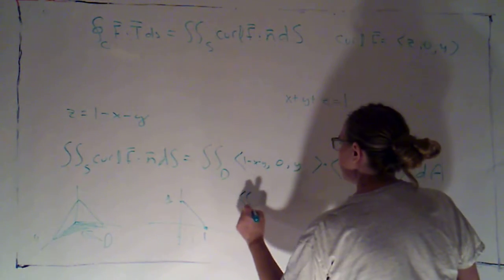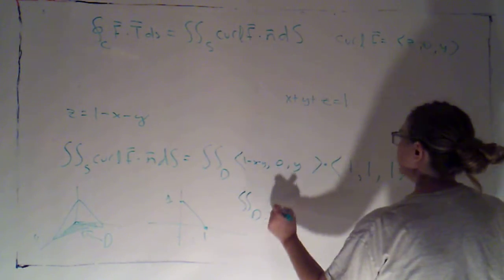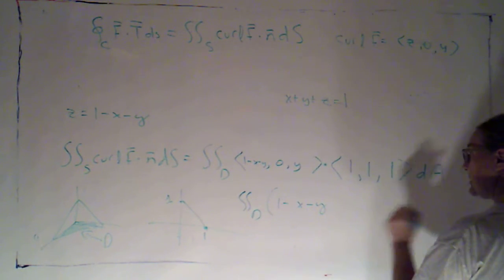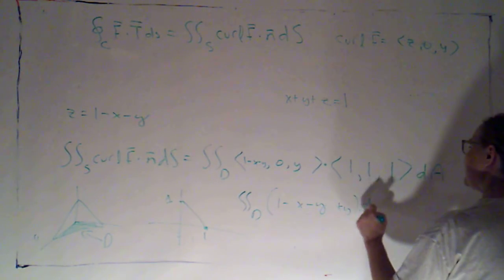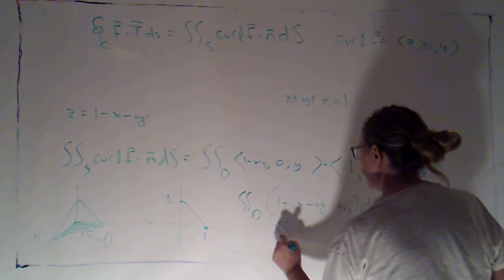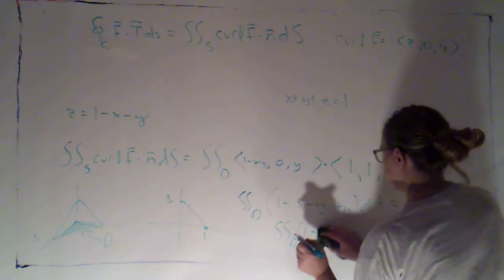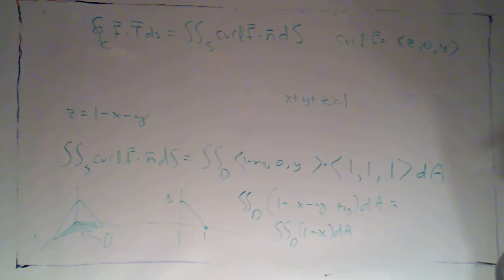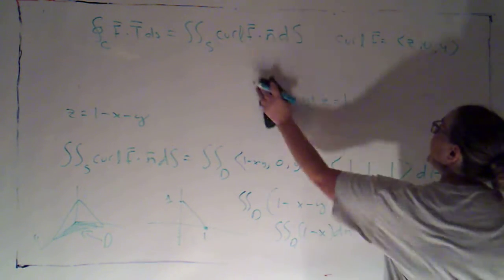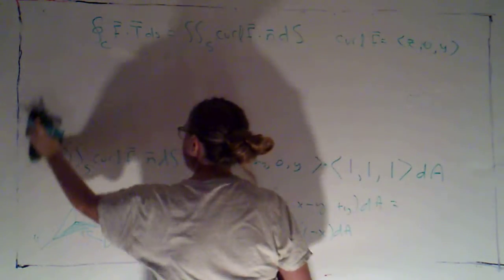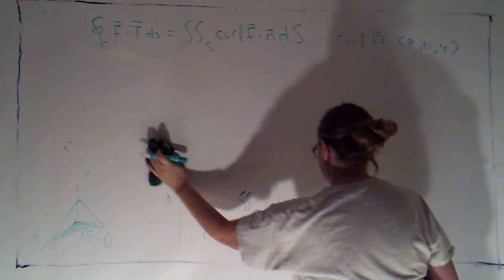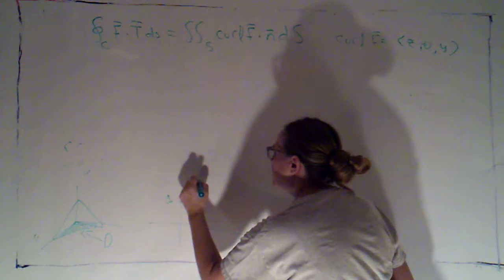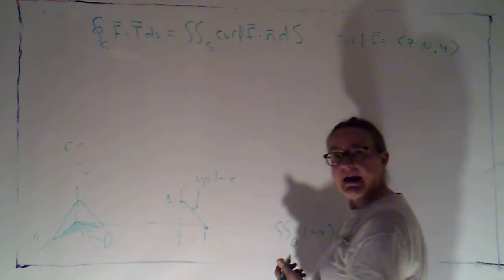This is going to be the double integral over D of 1 minus x minus y plus 0 plus y dA. Oh, that's lovely. That's the double integral over D of 1 minus x dA. I'm liking it. Okay. So let's write that now as an iterated integral. Notice this line would just be y equals 1 minus x.